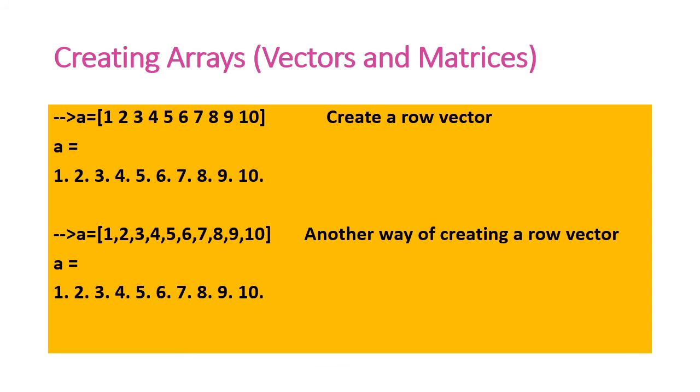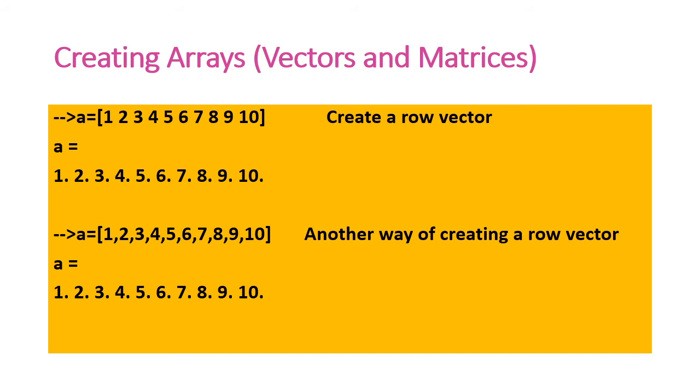So next we are going to explore creating arrays, that is vectors and matrices. So Scilab by default will consider the data in terms of vectors and matrices. So A is equal to, I'm creating a vector. So this is your row vector. Another way to create a row vector is 1, 2, 3.